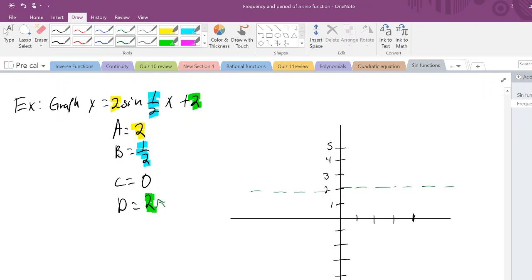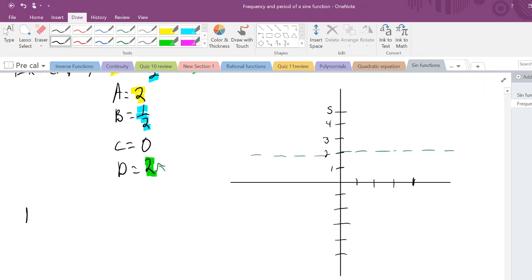Okay, now the next thing I'm going to have to do is figure out my period. So period is equal to 2 pi over my frequency.